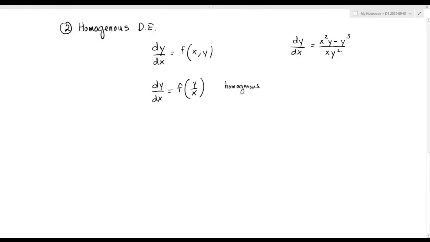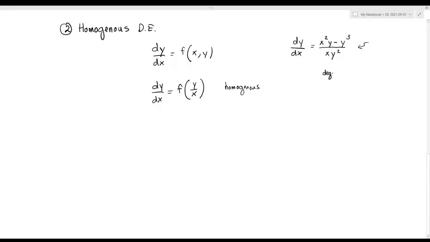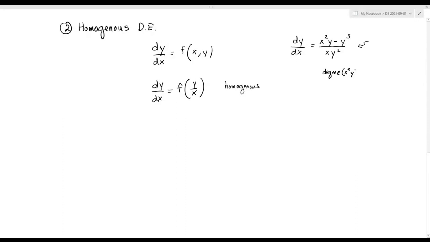Okay. So here we have that the derivative of y with respect to x is equal to some function of x and y. However, notice that if you look at all the terms on the right-hand side, at the combined degree of each of the terms, the degree of x squared times y, if you'd like y to the 1, the combined degree is 3. Right, 2 plus 1 is 3.